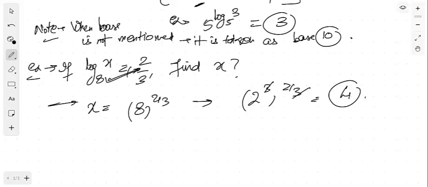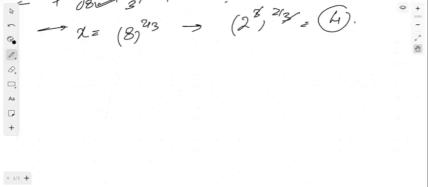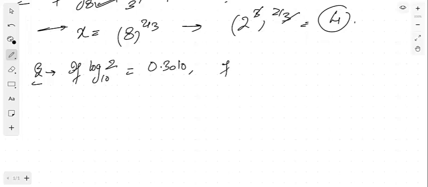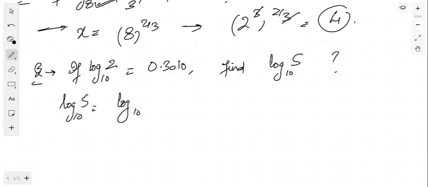Now let us take one more simple example and then we'll be over with indices, surds and logarithms. If log 2 base 10 is given as 0.3010 and you have to find the value of log 5 base 10, how will we find it? Log 5 base 10, you can write 5 as 10 by 2.